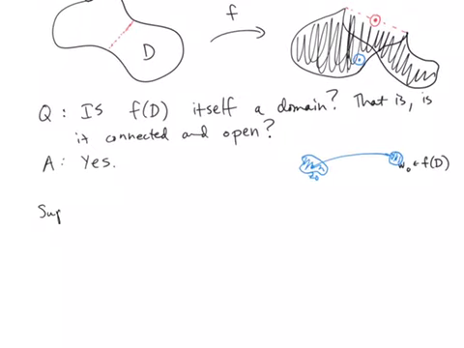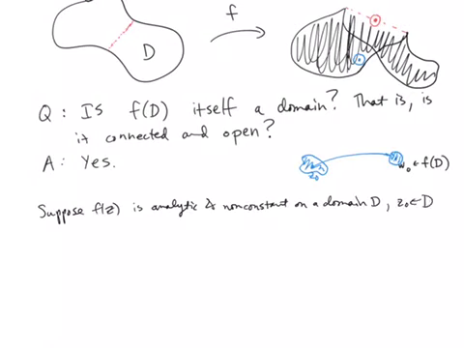So suppose that f of z is analytic and non-constant on a domain D. z naught is in D, and f of z naught equals w naught.